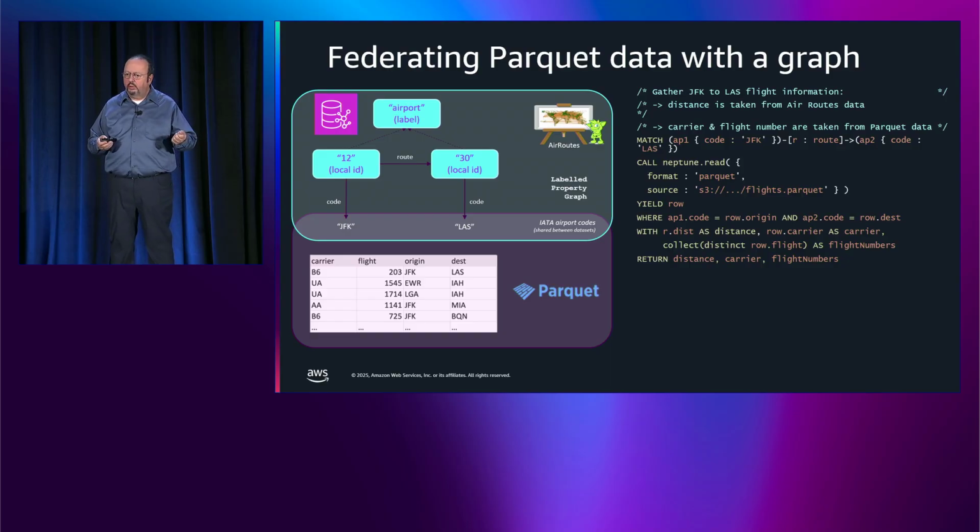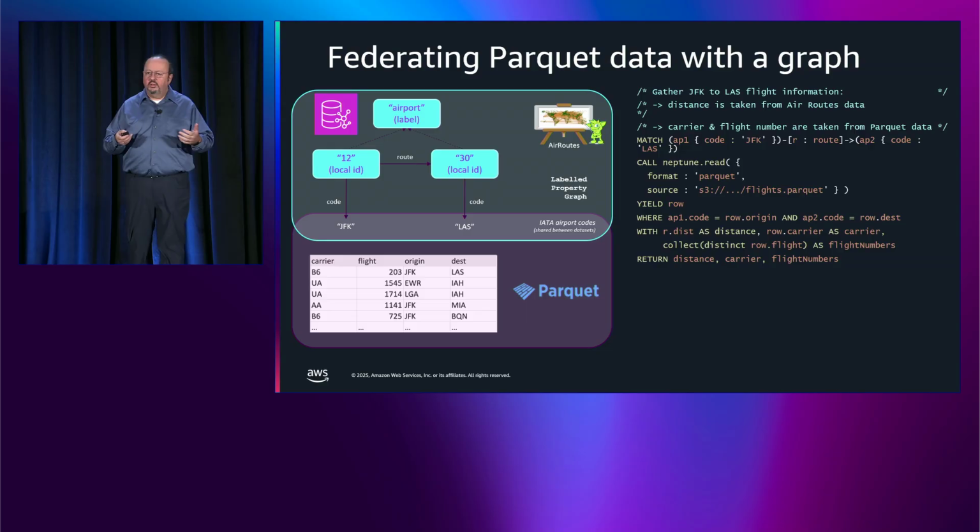And you call Neptune read, giving the same Parquet file. So it's returning each of them row by row. What we want to do is filter so that airport 1 and the origin, and airport 2 and the destination, match.